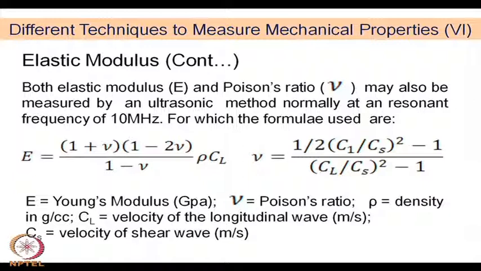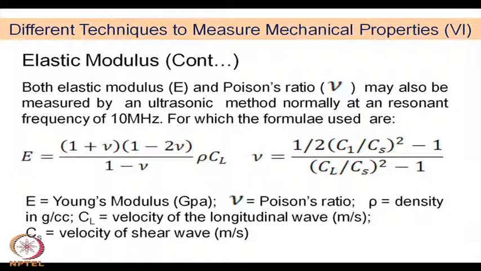Different materials, depending on their elastic moduli, Poisson's ratio and density, have different velocities. I mean, they propagate ultrasonic sounds at different speeds. And that is somehow related to the Young's modulus and other mechanical properties.